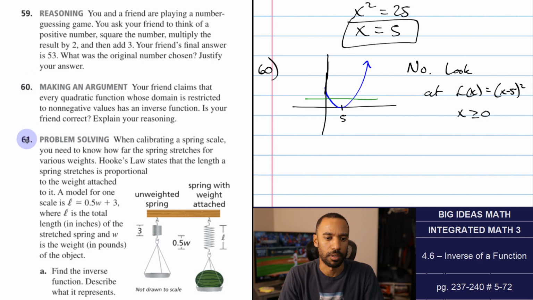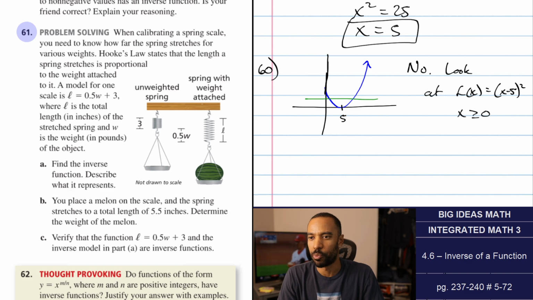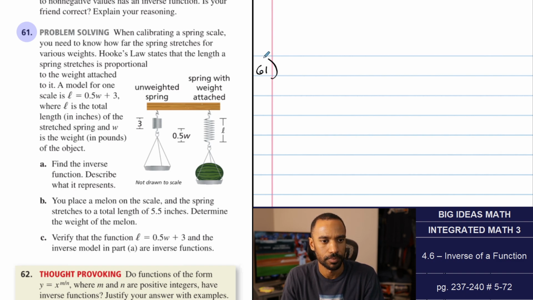All right, number 61, problem solving. This is intimidating. When calibrating a spring scale, you need to know how far the spring stretches for various weights. Hooke's law states that the length a spring stretches is proportional to the weight attached to it.